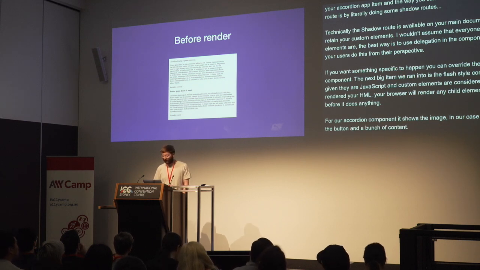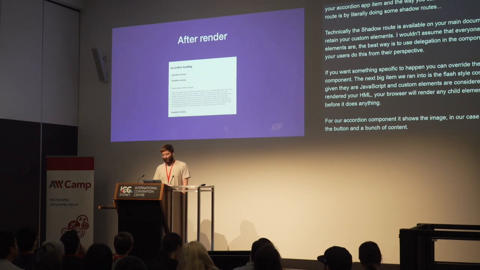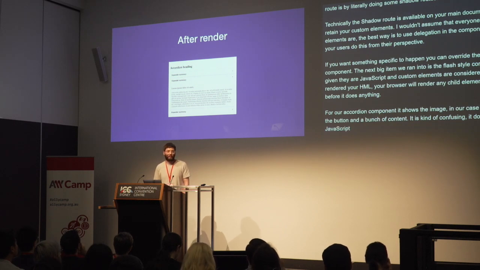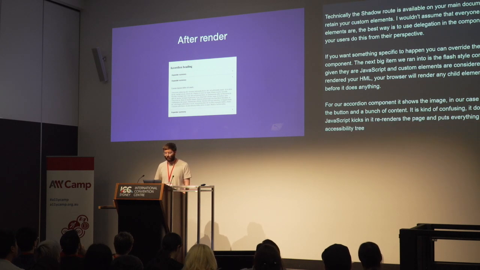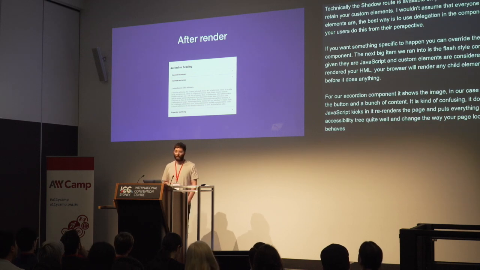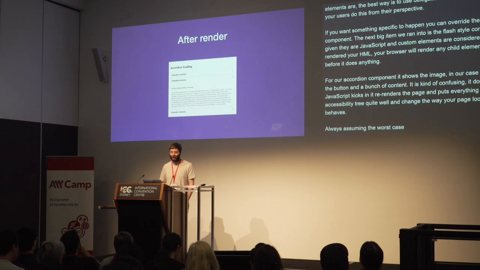Doesn't really tell anything. And then once the JavaScript kicks in, it re-renders the page. It puts everything in the right spot. It builds the accessibility tree correctly as well, and really changes the way your page looks and the way your page behaves. So always assume the worst case that users have slow connections, not the fastest, best browsers, or just browsers overloaded.